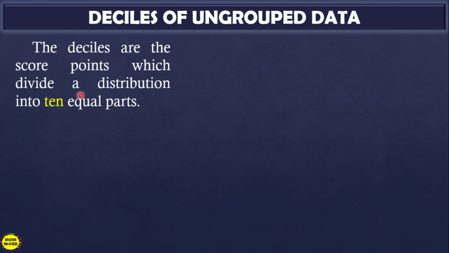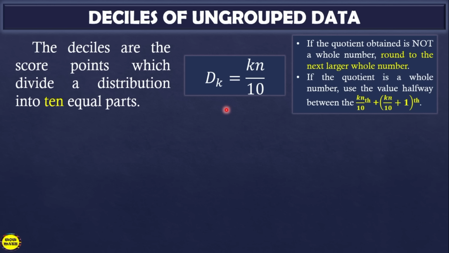So, the deciles are the score points which divide a distribution into 10 equal parts. Using the formula k times n divided by 10, where k is the number of location. Since divided by 10 equal parts, remember these two, okay? Tatandaan natin to kasi ito ay importante pag kukuha na tayo ng location for deciles.